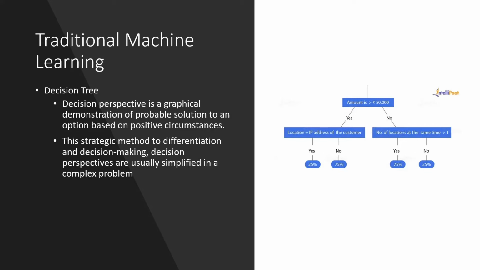And this tree basically just follows you through a path into whether it's a fraud transaction or not. And you have yes or no, you have probabilities of how likely it is to be a fraud or not. These are the traditional machine learning techniques. Now I'll go over the actual deep learning.